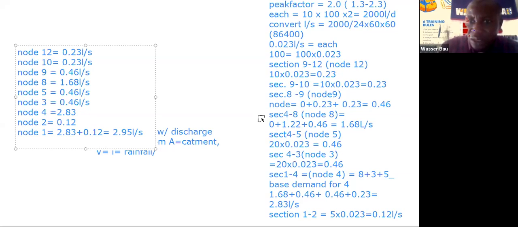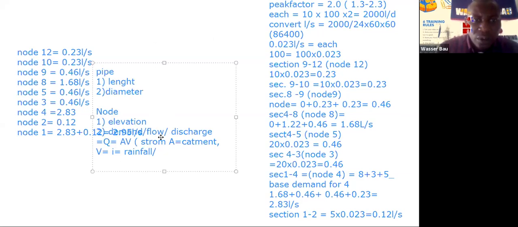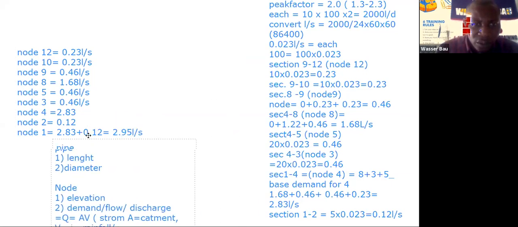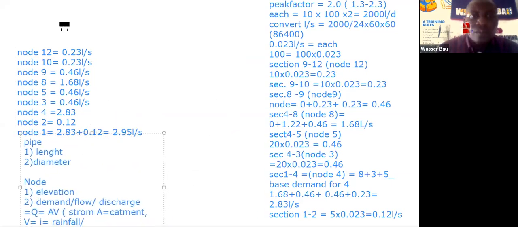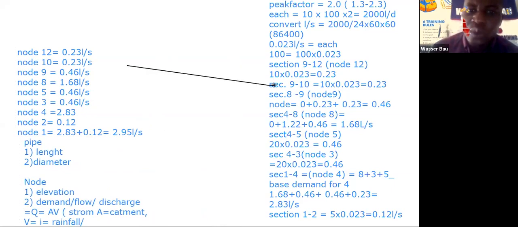If you want to detail the pipe network, let's assume this is your pipe network.